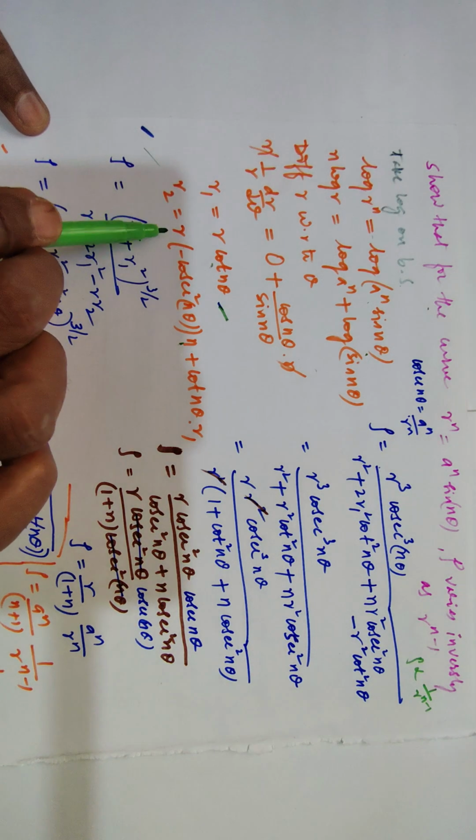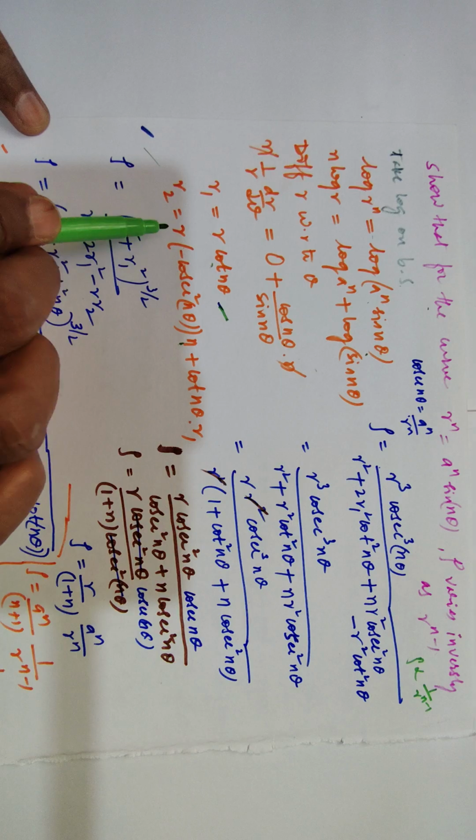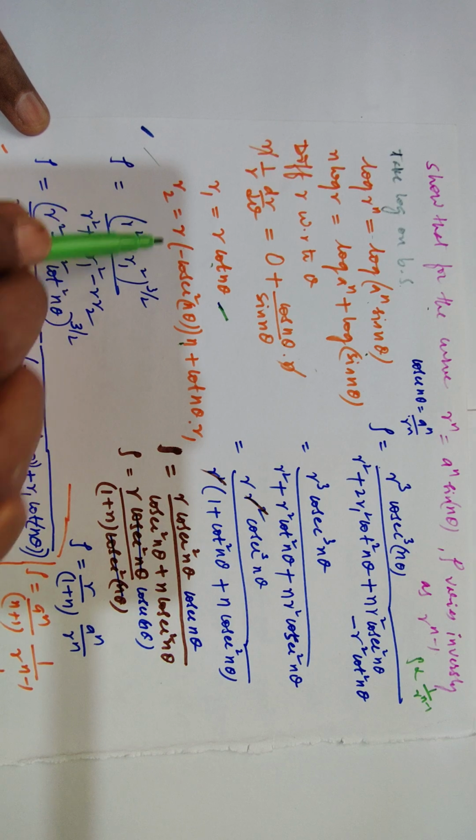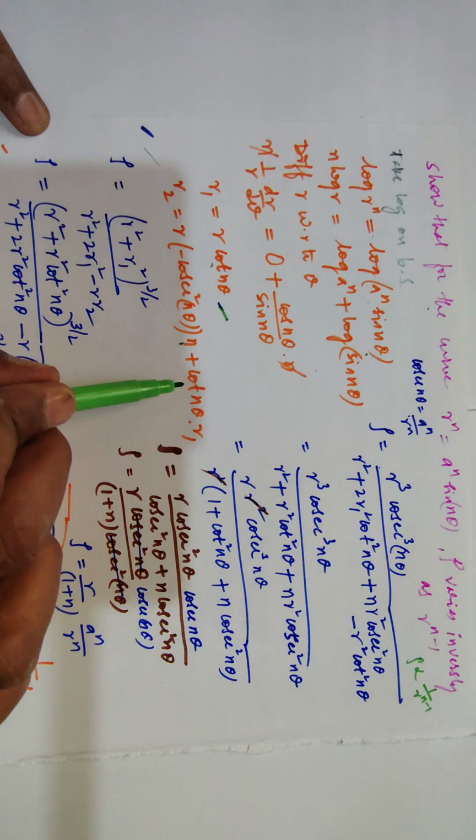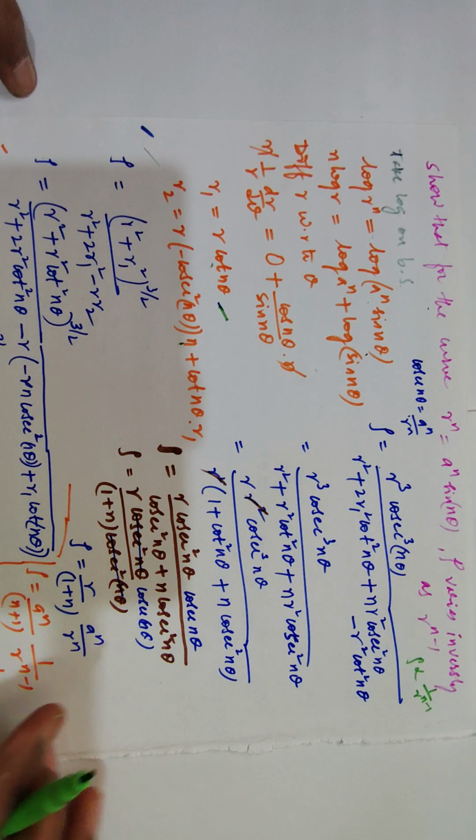The r2 value is this total: minus rn cosecant square nθ plus r1 cot nθ.